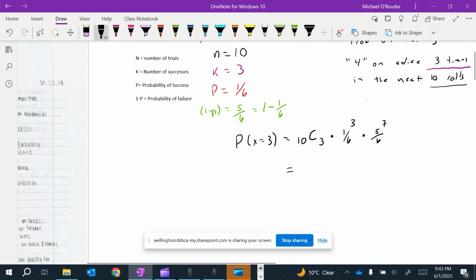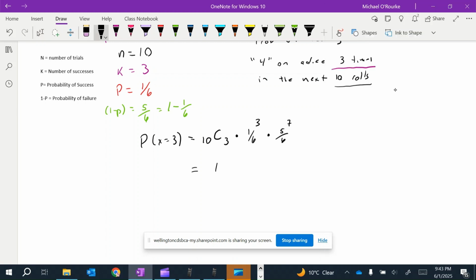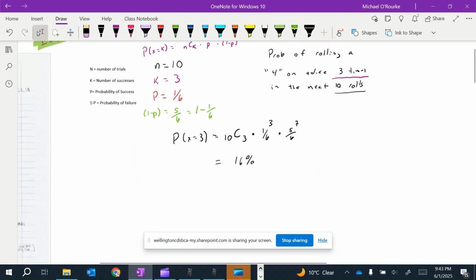Okay? Now we're going to plug that into our calculator. 10c3 times 1 over 6 to the power of 3 times 5 over 6 to the power of 7 should give us about a 16% chance, 0.16. So there's a 16% chance that in the next 10 rolls, 3 of them will be a 4.